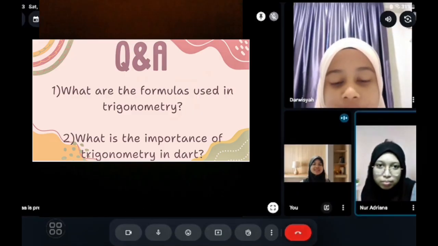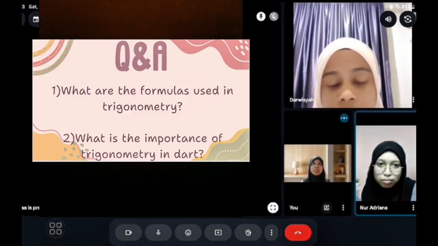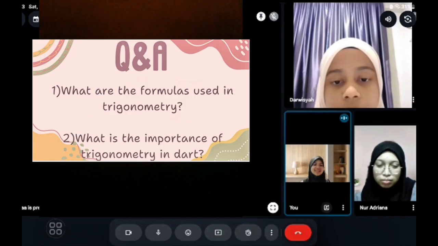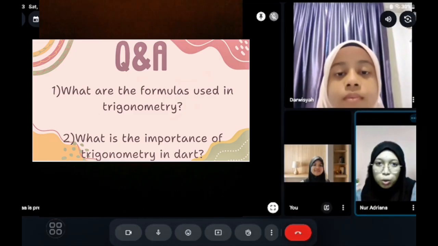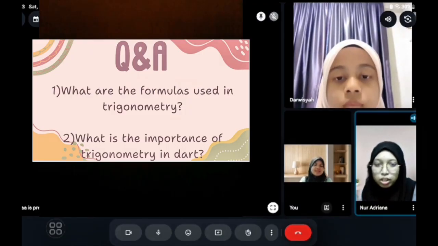For cos, adjacent over hypotenuse, and tan, opposite over adjacent. Yeah. So let me add to that. There's also the Pythagoras theorem, that is c squared equals a squared plus b squared.